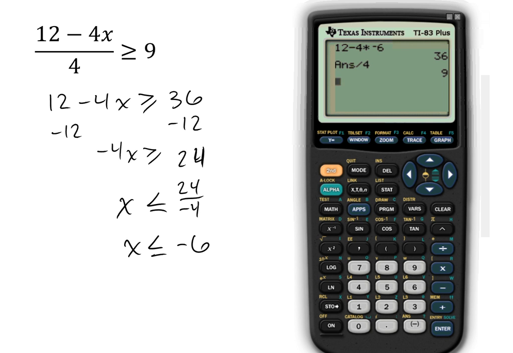And then if I pick something less than negative 6, it should be true also. So I'm going to go with negative 10 and verify that I get something larger on the left-hand side.